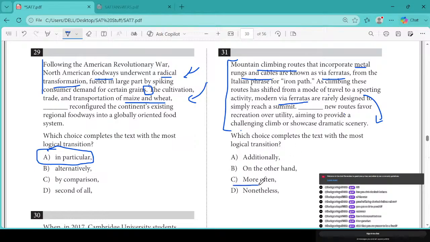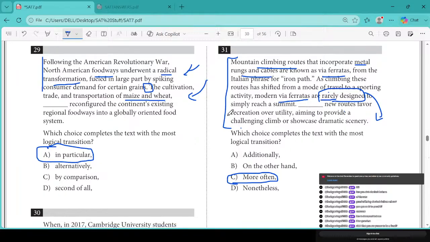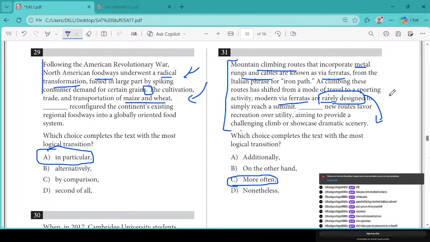I'm leaning more towards this one. More often, new routes favor recreation over utility. That goes with a rarely designed theme here. So because of these words, I'm gonna go with the answer C instead of B, because this is not stating exactly a contradiction.